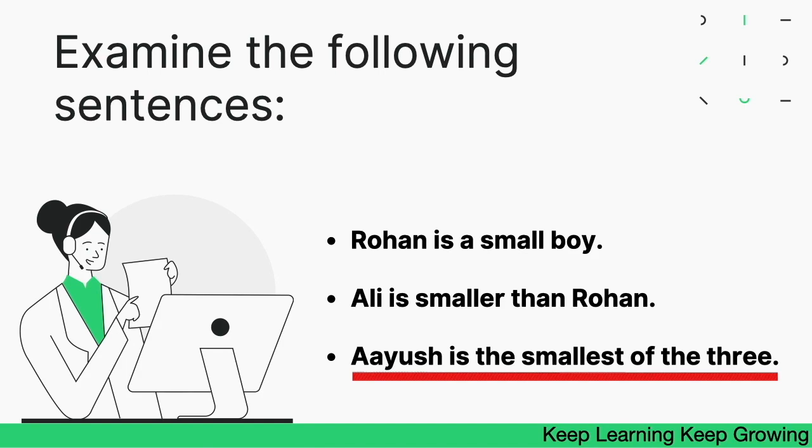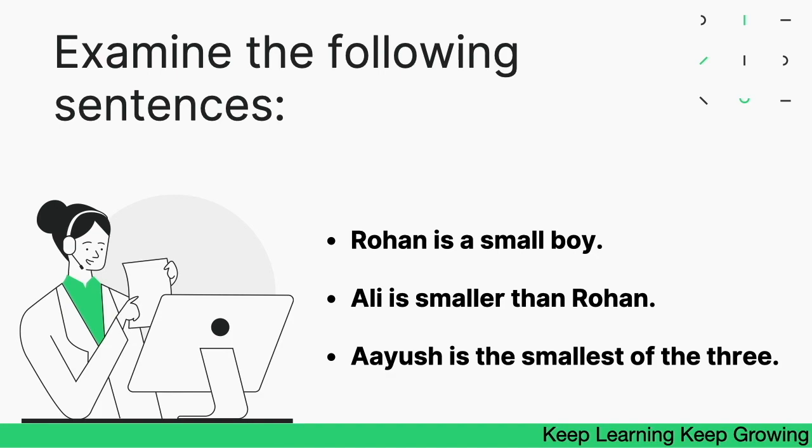When I say Rohan is a small boy, do I compare him with any other boy? The answer is no. I simply say that Rohan is a small boy. When I say the word smaller in the second sentence, how many boys do I compare?